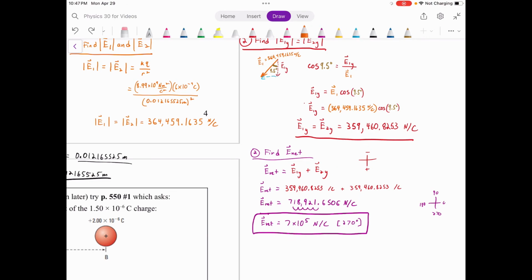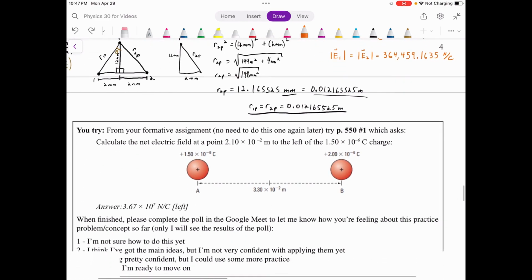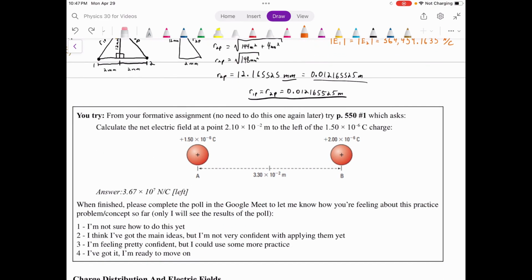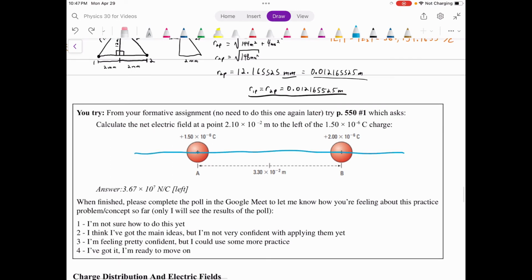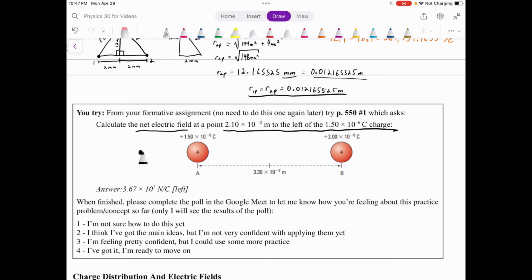Okay, go ahead and try this one out. This is not necessarily a two-dimensional one because everything is lying in one axis, the x-axis, but it's still good practice with adding up the net electric field. It's asking you to calculate the net electric field at a point that is 2.1 times 10 to the negative 2 meters to the left of the 1.5 times 10 to the negative 6 coulomb charge. So at a point somewhere over here, what is the net electric field?